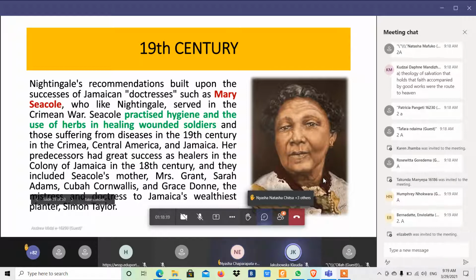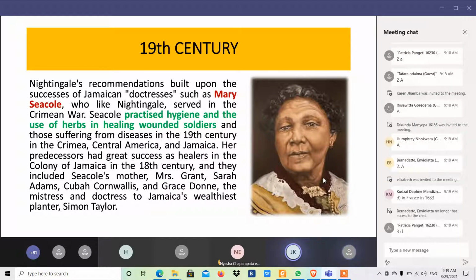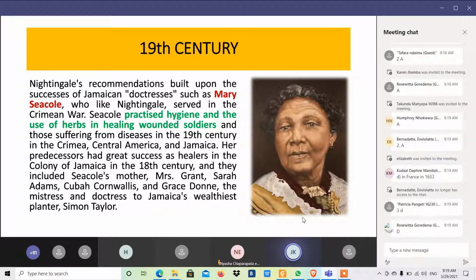Now the third question. Read this one. Daughters of Charity of Saint Vincent de Paul were founded in France in 1633. Yes, very good. Also on this slide we have this information.